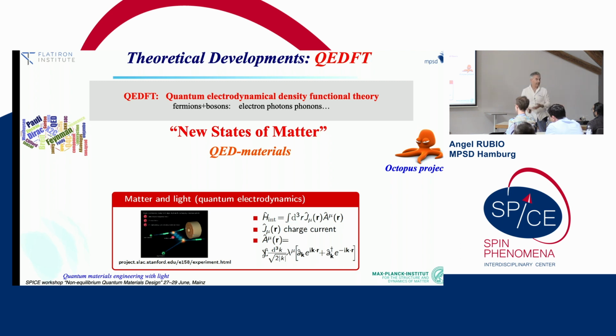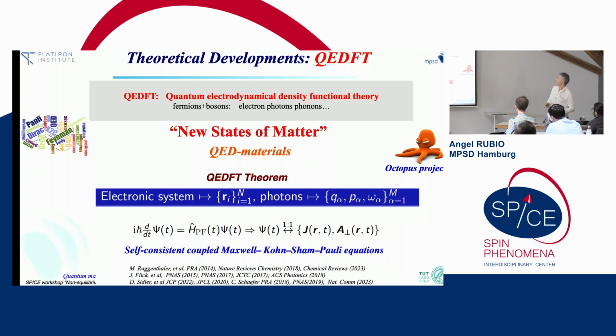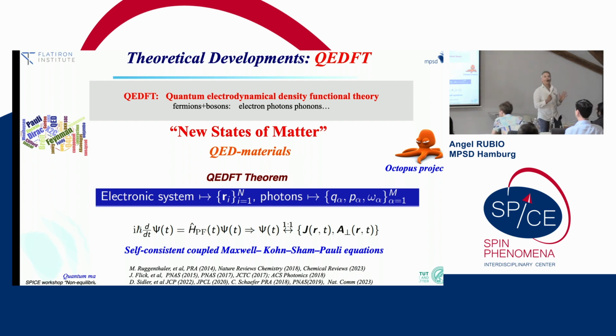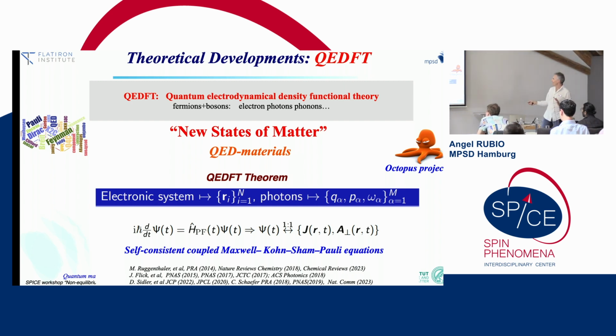Then in that setup, it's easy to set up this QED DFT theorem that I will not prove to you, but what I want you to take home is that, as in DFT, the full many-body state of the interacting system is determined just by knowing the current of your system, which were the current fluctuations that Daniele was mentioning before, and the photon distribution, or the electromagnetic distribution of your system.